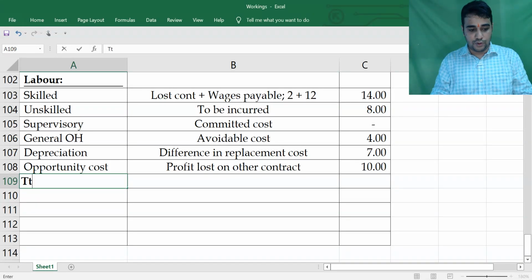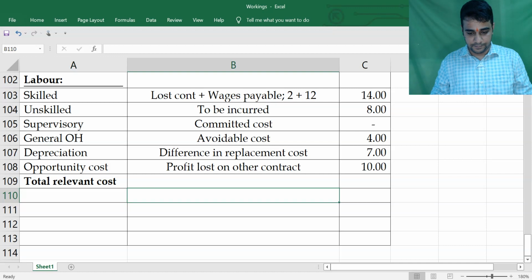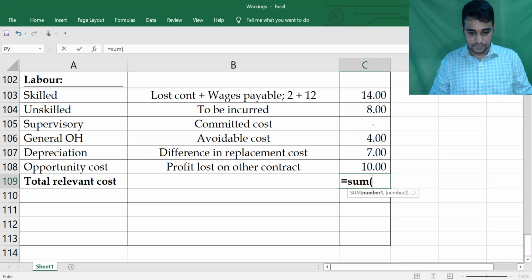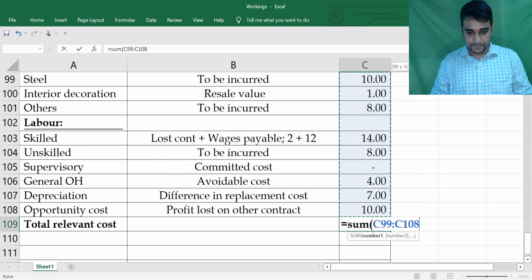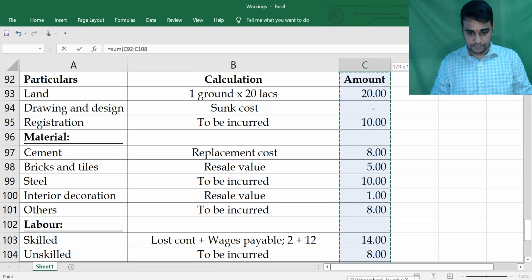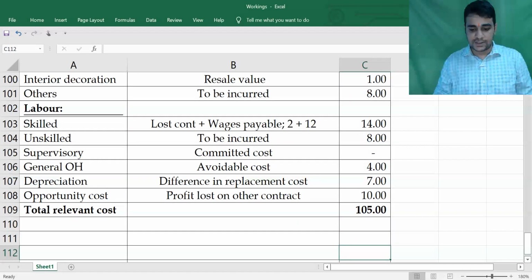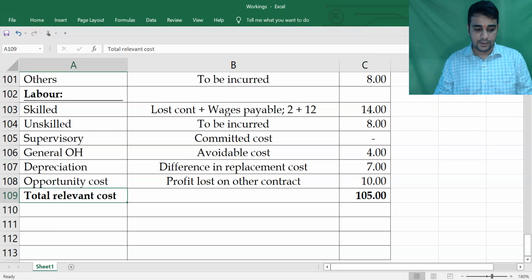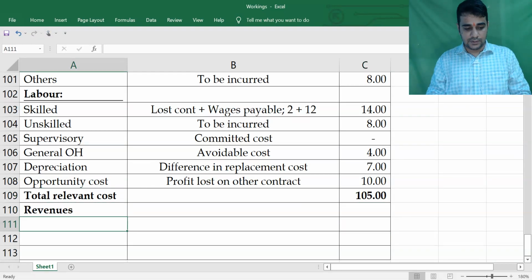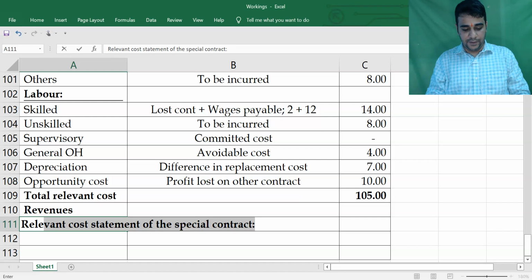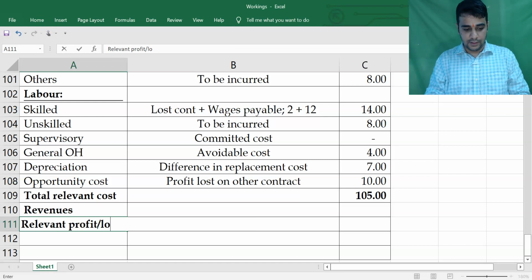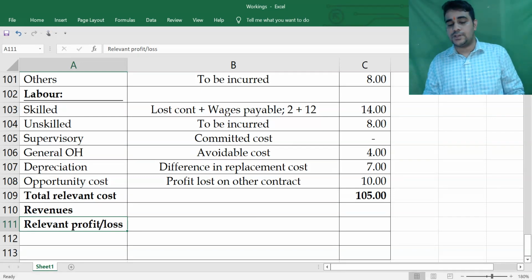So, total relevant cost 105, revenues, relevant profit or loss.